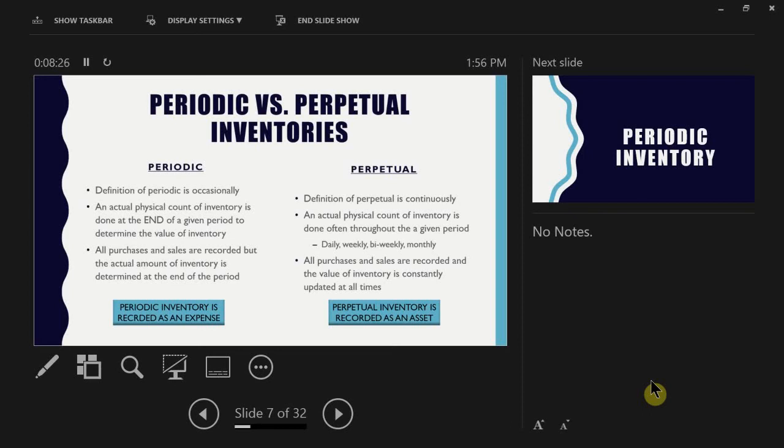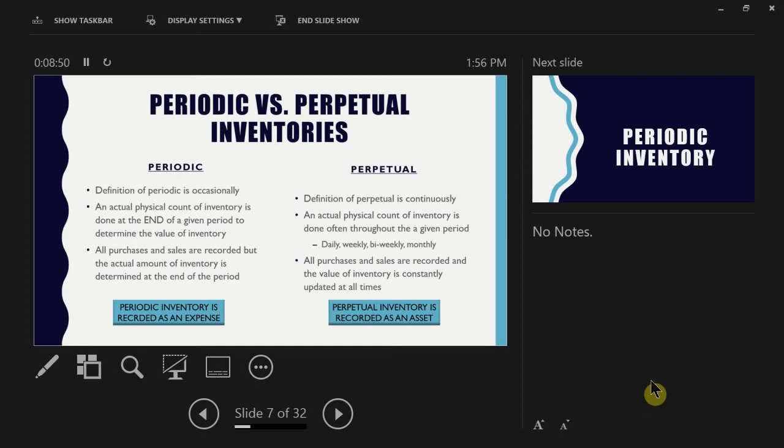Whereas perpetual, we're constantly updating our inventory. That's exactly what perpetual means. It means constantly. When we deal with this kind of inventory, we're keeping track of everything that comes in to the store and everything that goes out from the store. So every sale makes a difference.